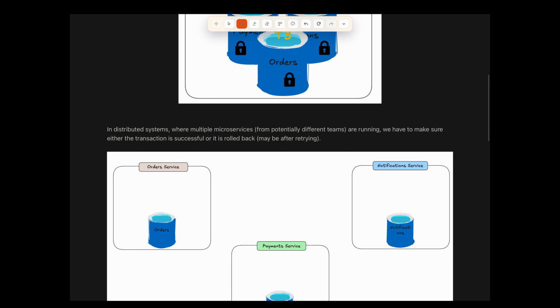But in a distributed system, where multiple microservices, which have the potential of having different databases owned by different teams, are running, we have to make sure either the transaction is successful or it is rolled back, which may be after some retrying.